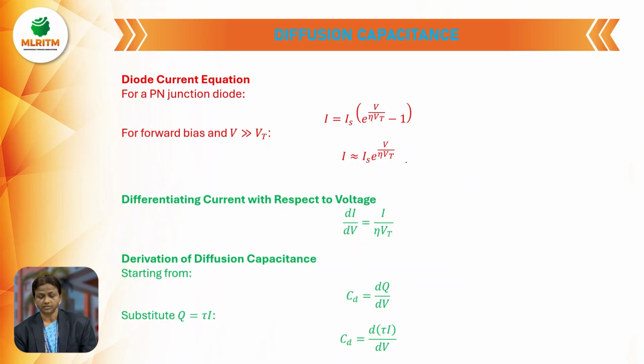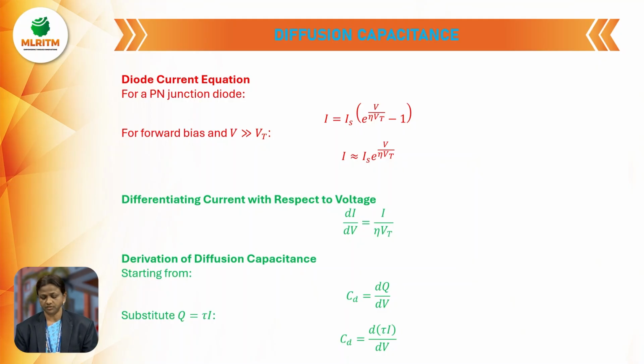Now differentiate this current equation with respect to V. So di by dV, with current equation I equal to IF or IS into e power v by eta Vt. Now differentiate this current with respect to V. Therefore di by dV equal to IF into e power v by eta Vt. Then you can differentiate this exponential term with respect to V, which gives 1 by eta Vt only.